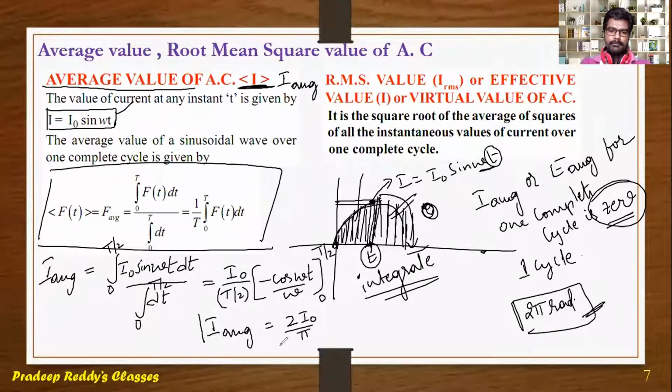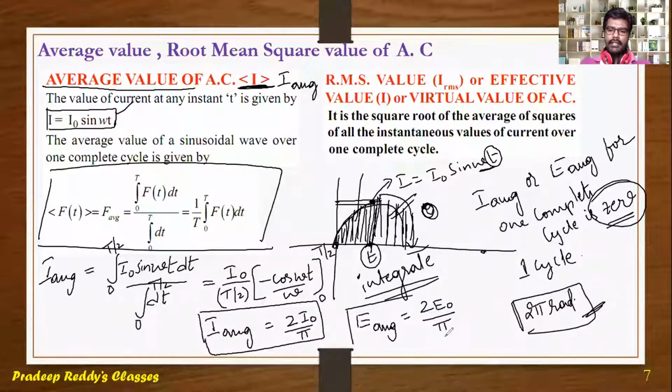This is the average value, and you can even write E average is equal to 2 E naught divided by pi. If you evaluate that integration, you will get this value, which is called the average value of AC over half of the cycle.